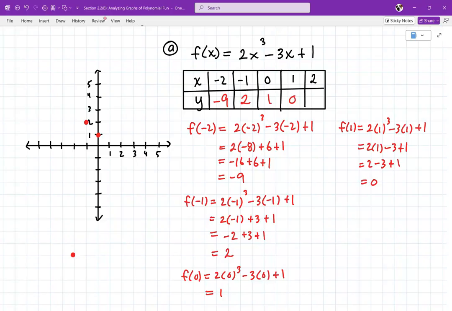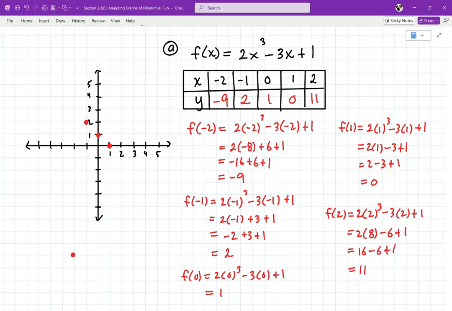So at 1, it's 0. And then one more, f of 2. So 2 times 2 to the third minus 3 times 2 plus 1. 2 times 8 minus 6 plus 1. 2 times 8 is 16. Minus 6 plus 1 is 11.